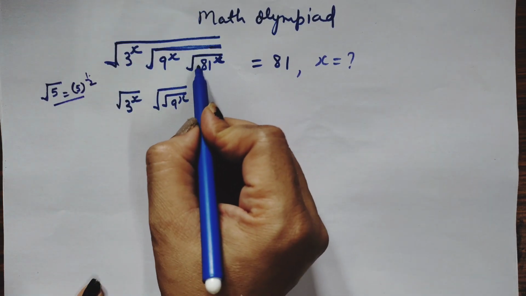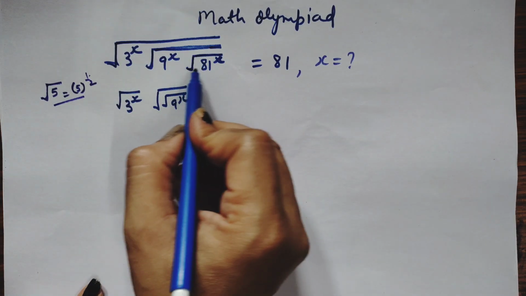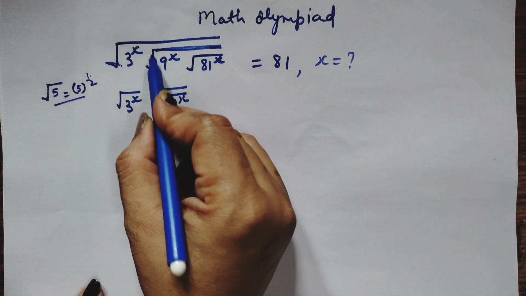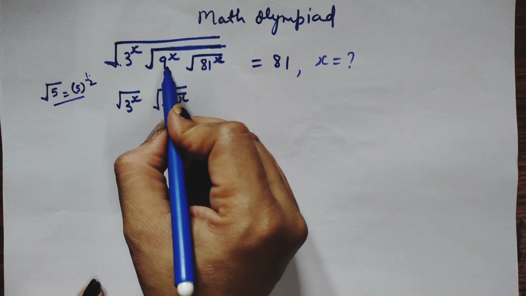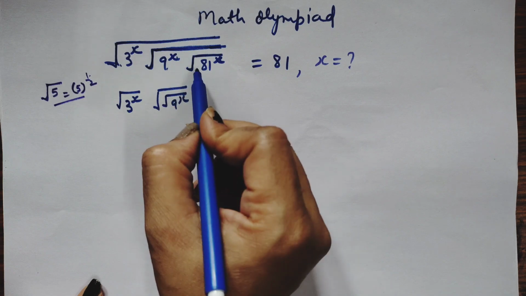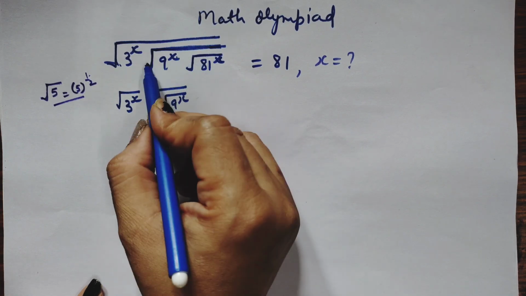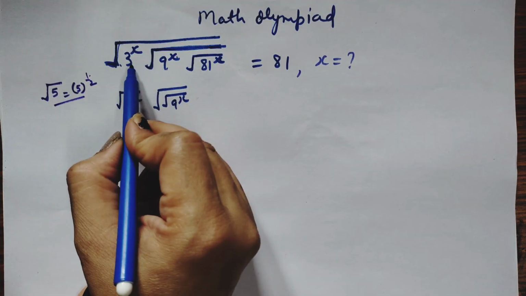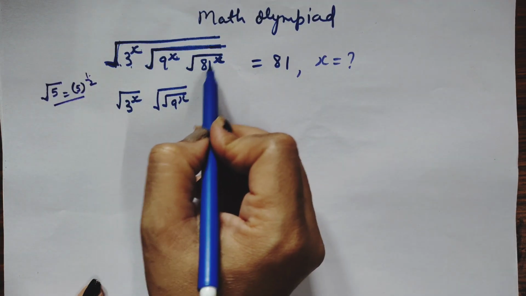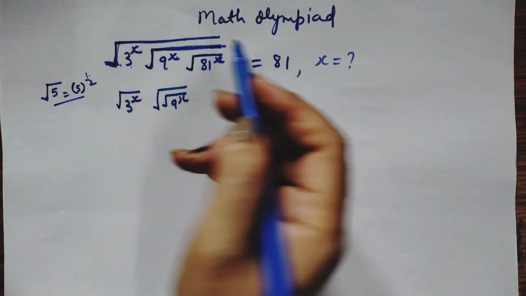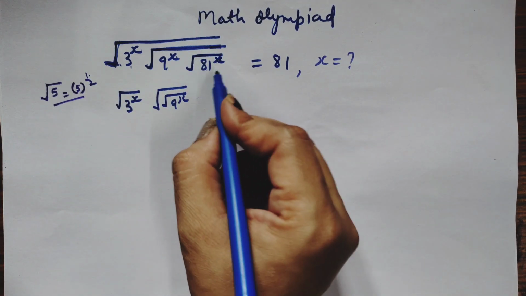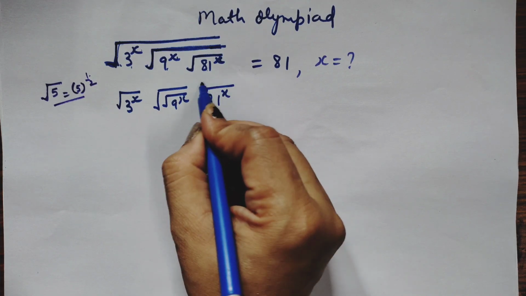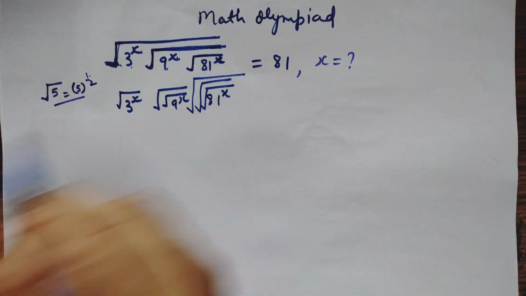So you can see for 81 power x there are 3 roots, 1, 2 and 3, because this root is for 9 power x and 81 power x, both the numbers, and this one root is for 3 power x and 9 power x and 81 power x, all three numbers. So we'll write the 81 power x root, how to write? There are 3 times root like this.